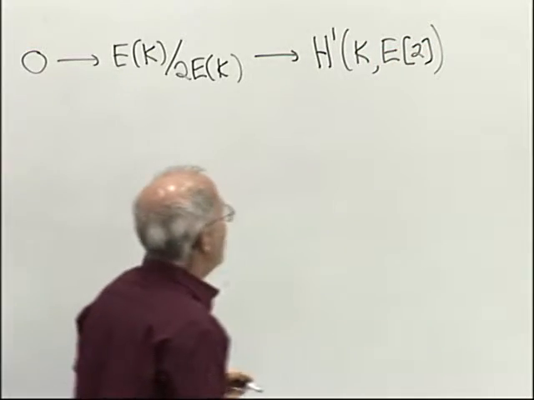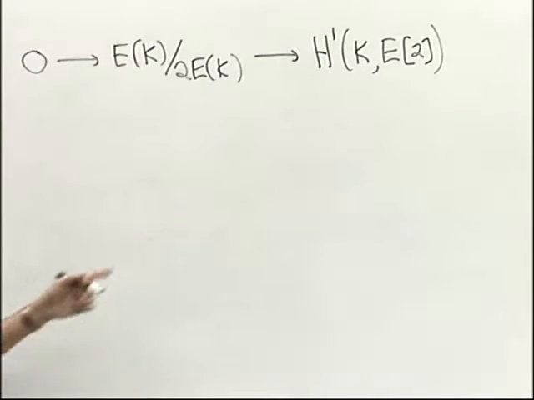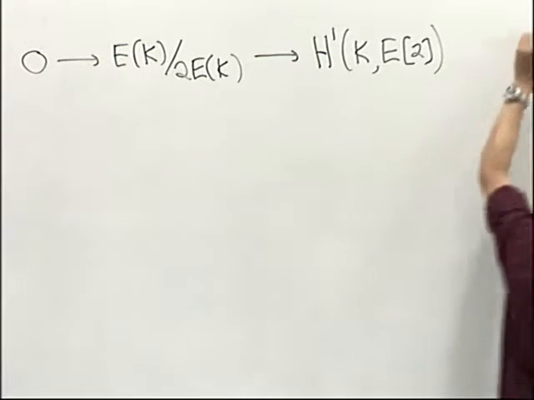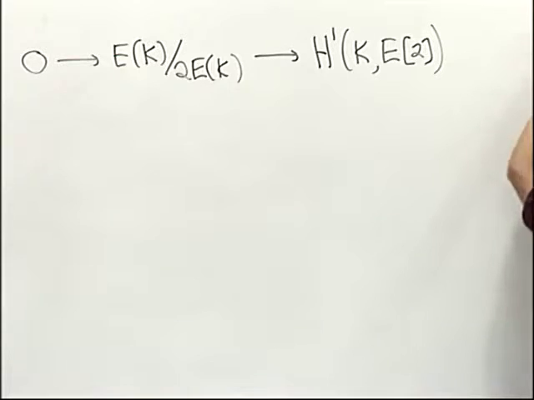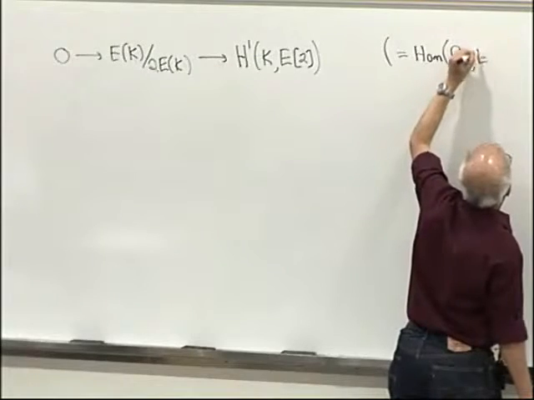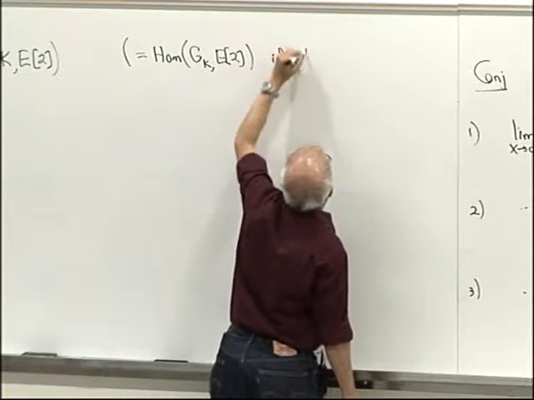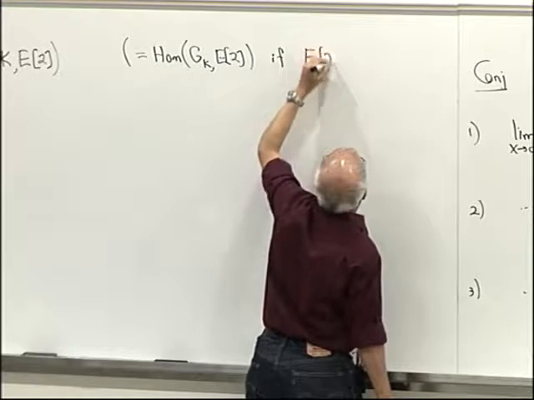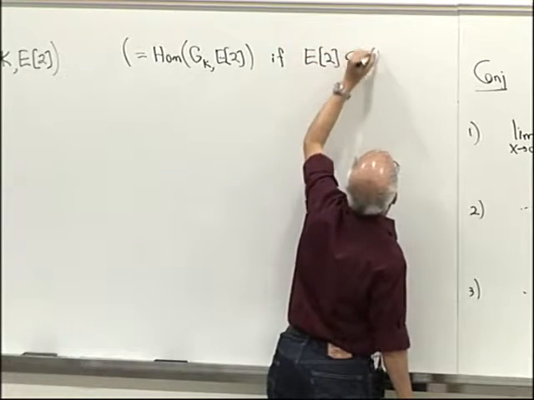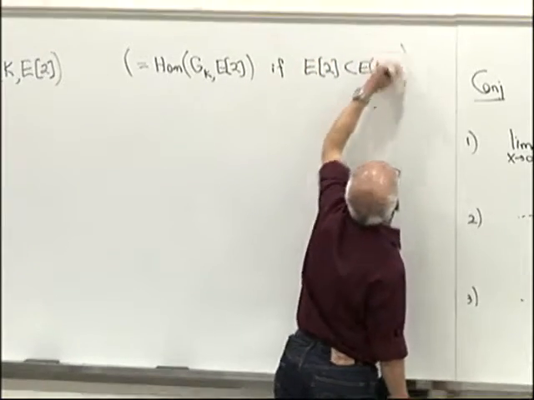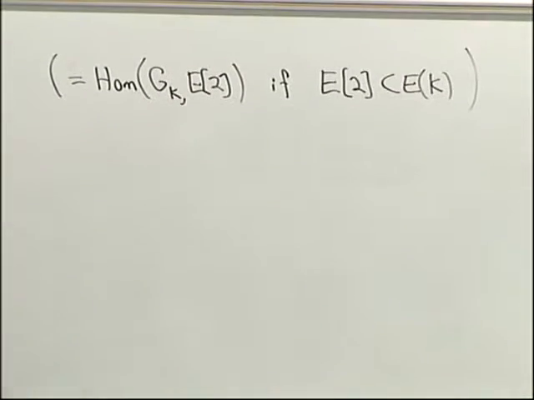And if you're not happy with Galois cohomology groups, think of this as the same as just homomorphisms from the Galois group of K into the 2 torsion if the 2 torsion is all K rational. And if you're not familiar with the cohomology groups, then you might want to just stick to this case.